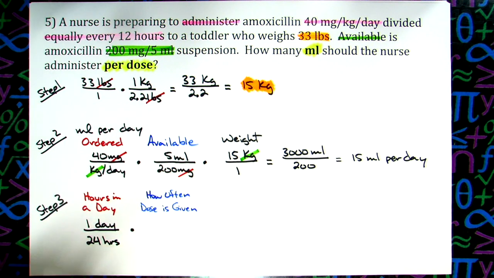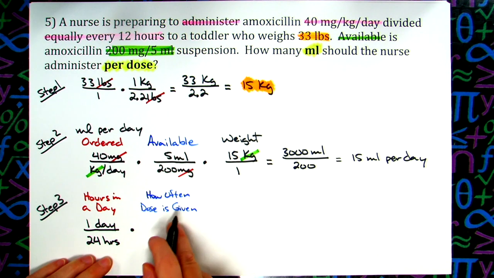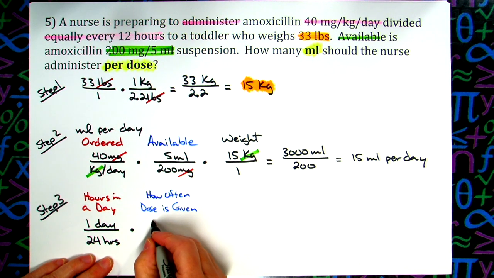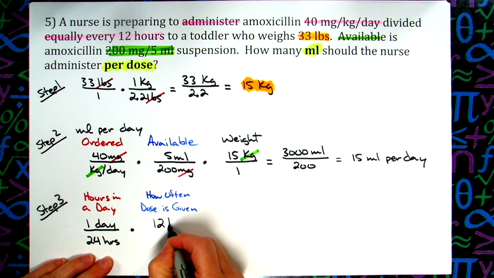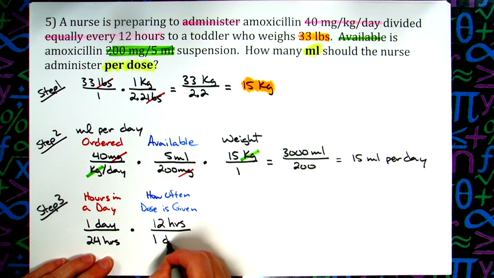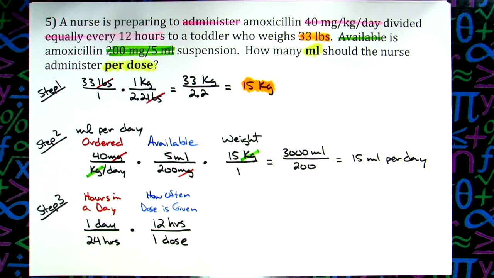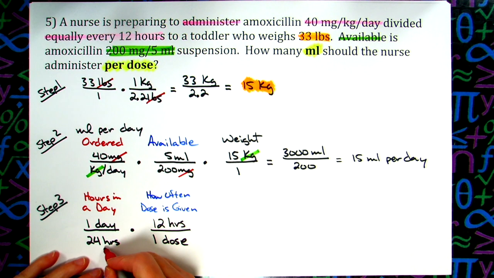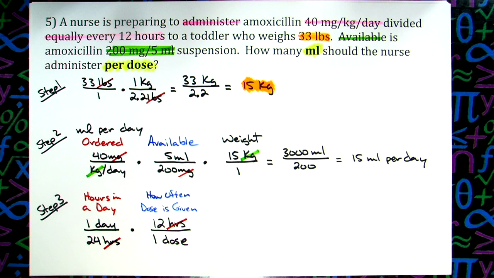All right, and we said 1 dose is given for every 12 hours. All right, over here, hours is on the bottom. I've got 12 hours, so I want the 12 hours to be on top so that the hours cross out. So 12 hours on top, and that's going to be 1 dose. I'm giving 1 dose every 12 hours. Okay, so what's that going to allow me to do? That's going to allow me to cross off hours and hours at this point. Okay, now I still have day and dose.